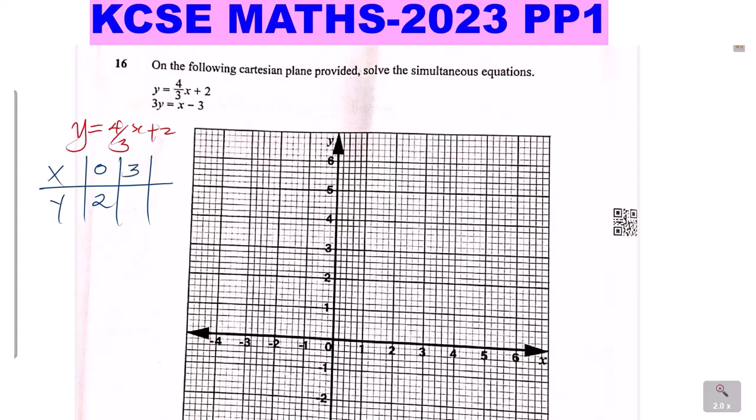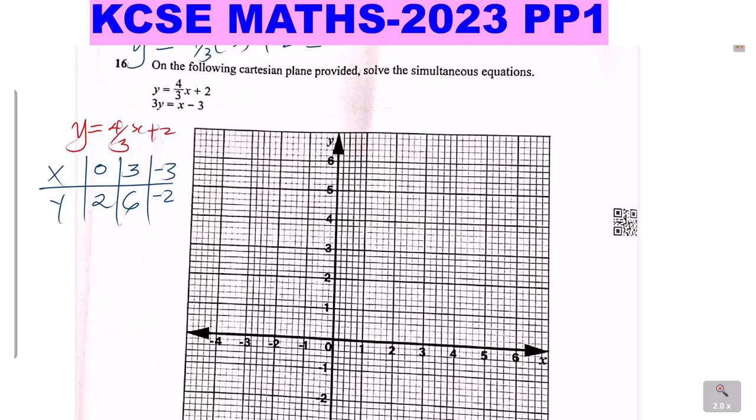When x is 3, that will be 4/3 multiplied by 3. That will be 6. Then another one you can choose is -3. That will be -2. So this is what you're supposed to plot. You can see all the values 0, 2, 3, 6 and -3, -2. It is possible to plot all these on the graph.